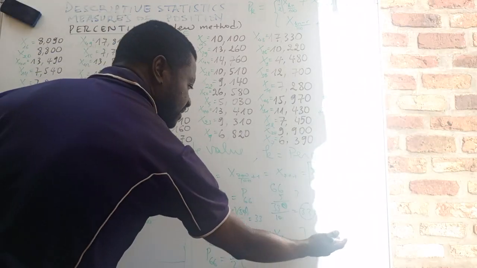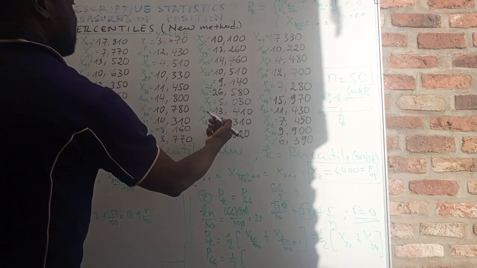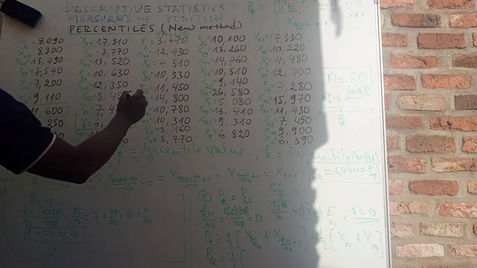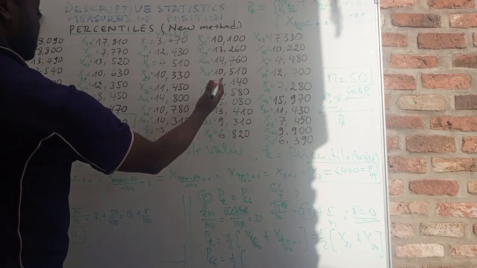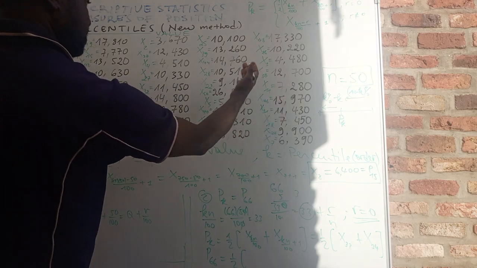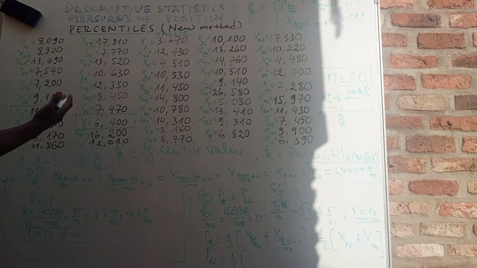Now half of x33. We look into these values, x33 is this one. We add x sub 34. Where is it? I don't actually see it.